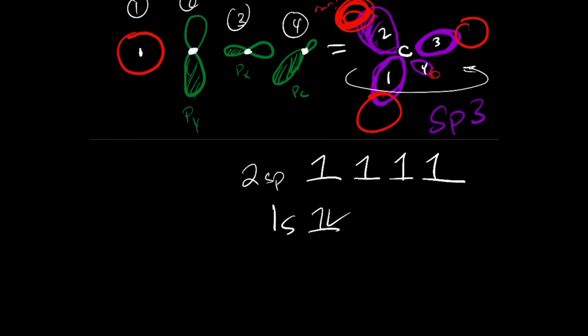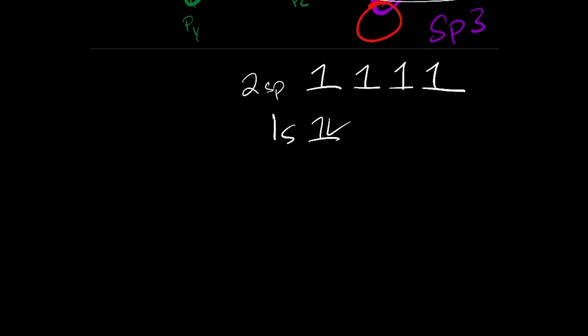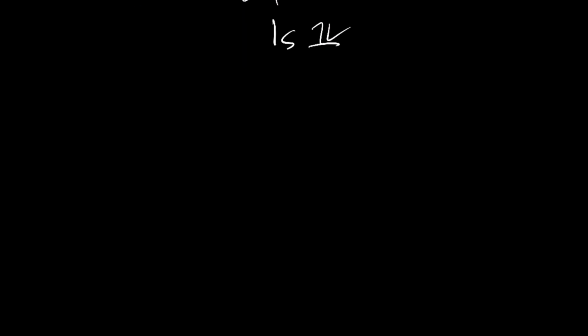And y'all are smart. You could probably figure out sp2 and how combining sp2 actually produces the 120 degree angle. I won't go through it here, but because I like drawing them, I'll just show you that the sp2 system creates the hybrid orbitals that have one sp2, all right?